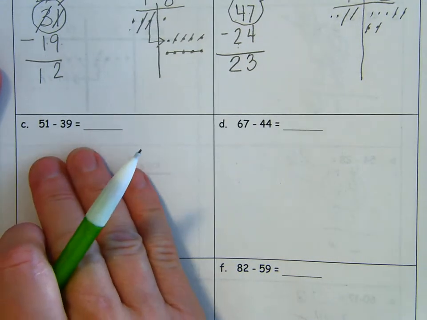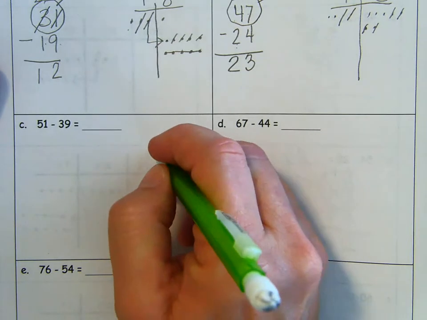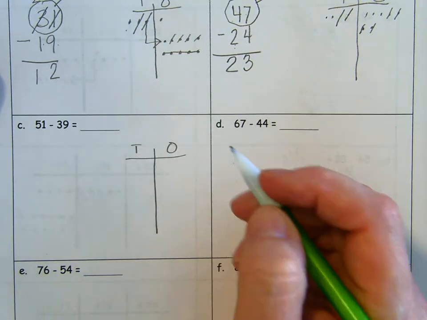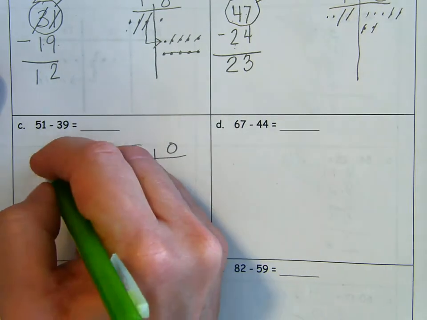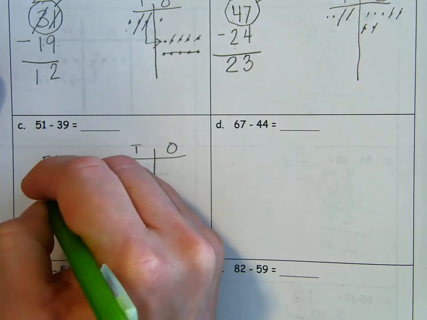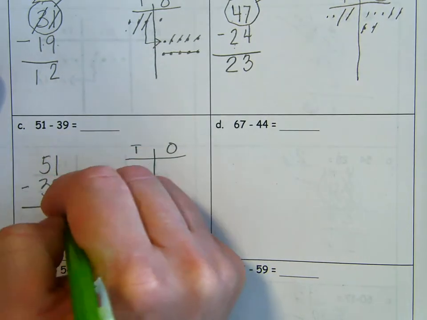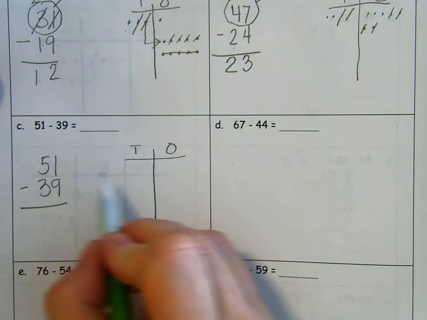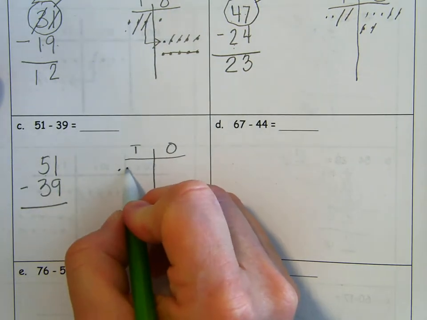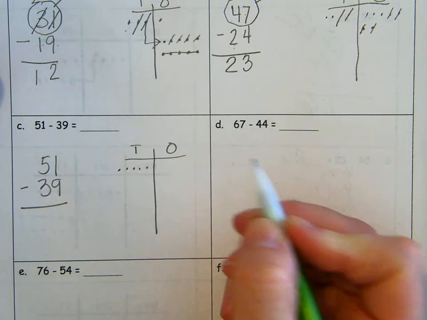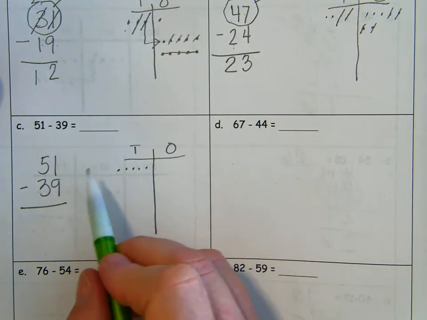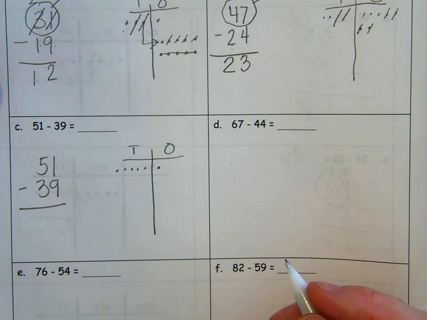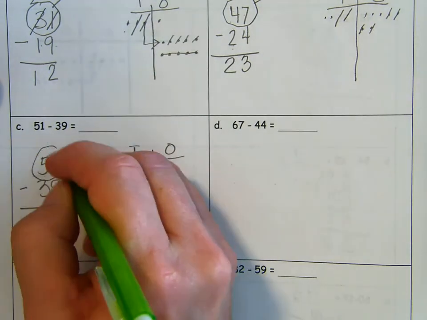51 minus 39. My place value chart. My vertical form. First, I model 1, 2, 3, 4, 5 tens is 50, and then 1, 1 is 51. I'm going to take a look at that.